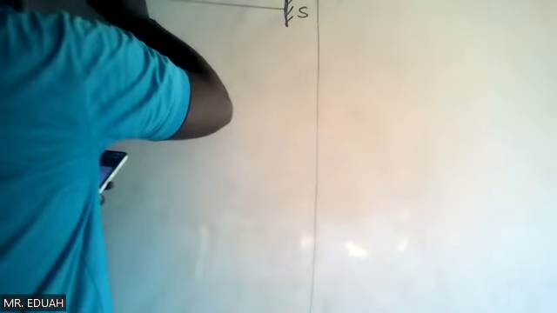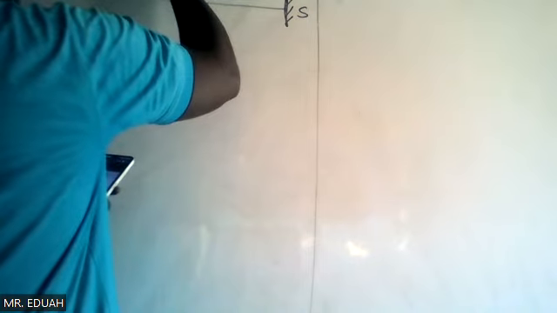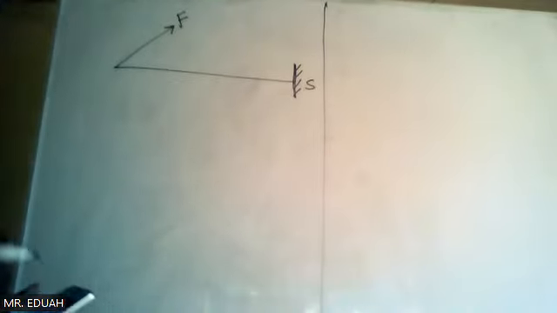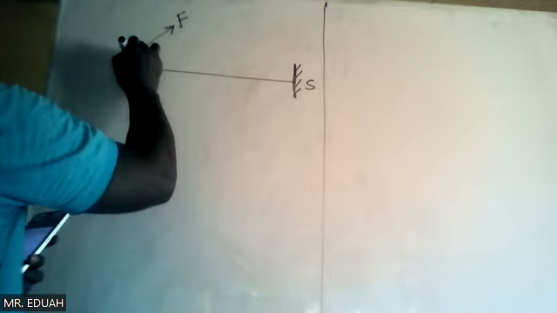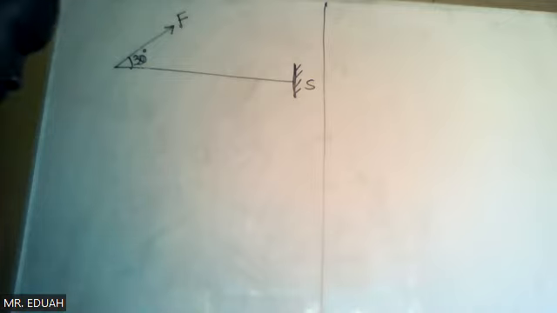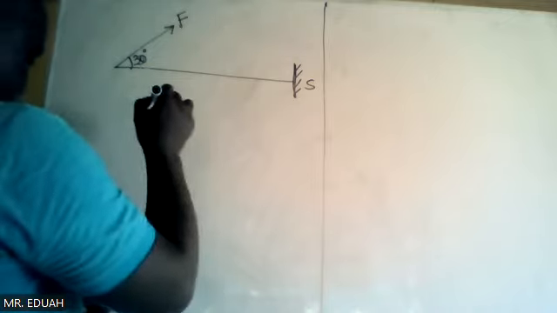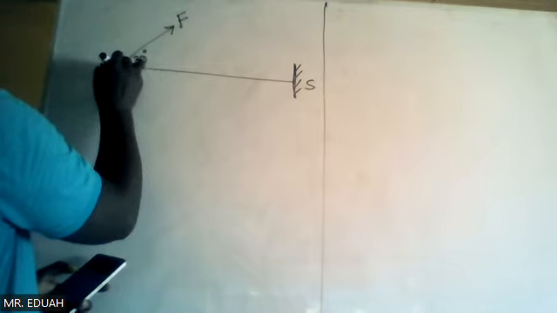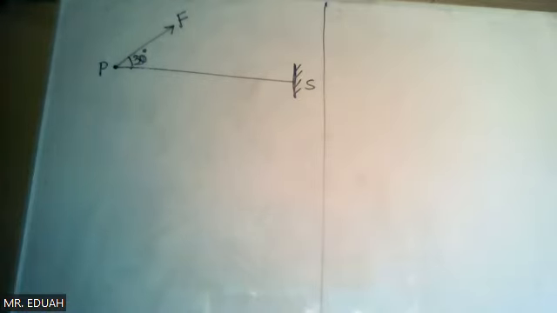Then we have a force F which isn't directly perpendicular to the bar. This is inclined at an angle of 30 degrees. This point is P, the point where the force F acts.